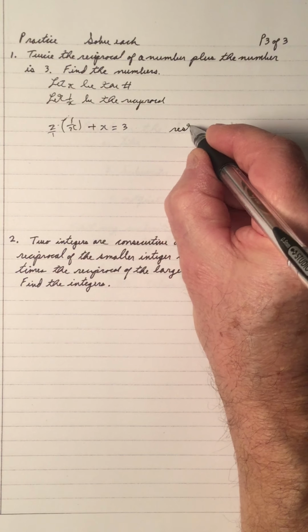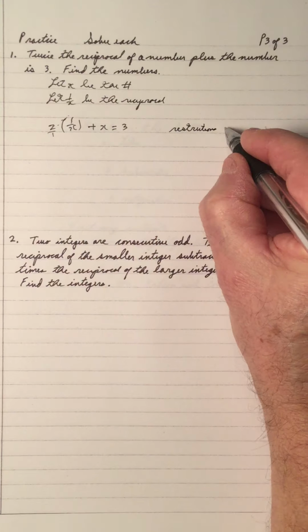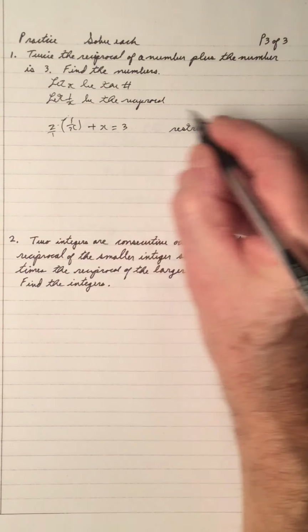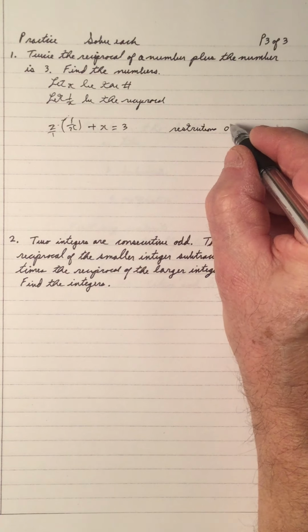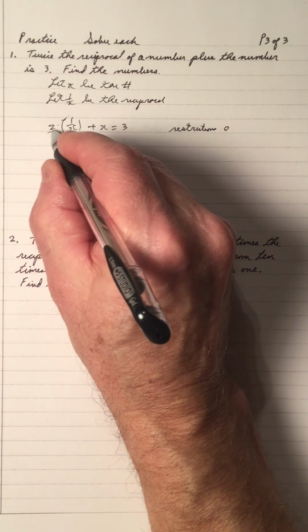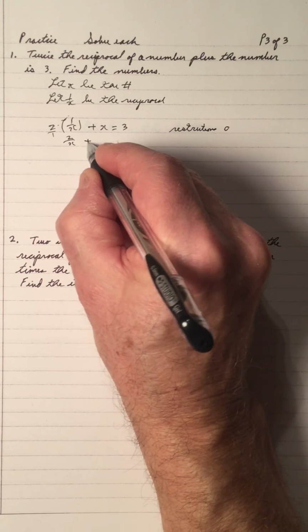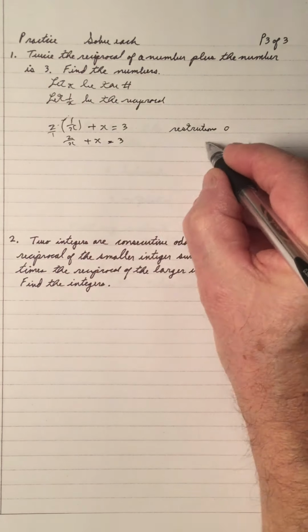Let's check the restrictions first before we start. The restrictions: I only have one denominator of x, so the restriction is 0. We can't have a 0 in the denominator. Let's simplify the equation. 2 over 1 times 1 over x is 2 over x plus x equals 3.